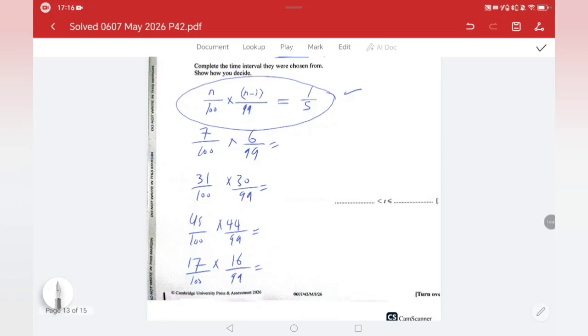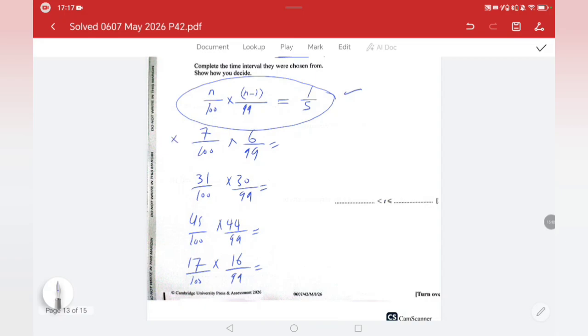So if we try both of them, just to save your time, let's try 7 times 6. It will not give the answer. It's clear. Okay, so it's not this one.